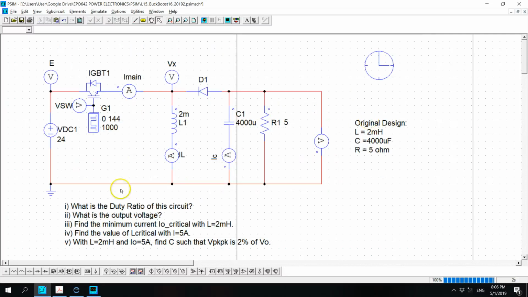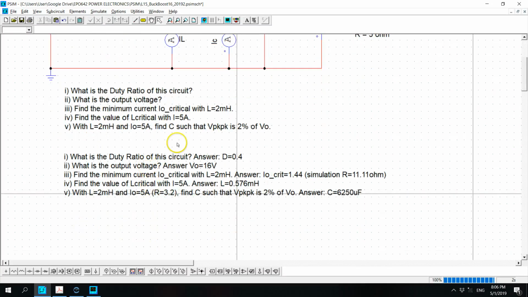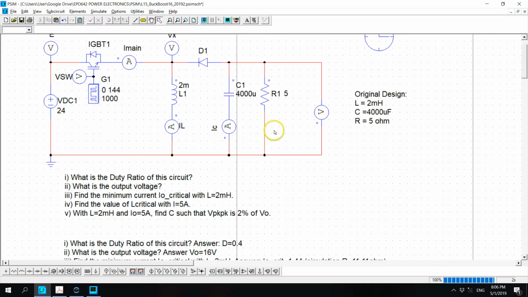Okay, right. Number 3, find minimum current, I not critical. So with L equals 2 millihenry, the answer is I not critical is 1.44. If you translate that with a 16 volt output voltage, that will give the value of the output resistance of 11.11 ohm.